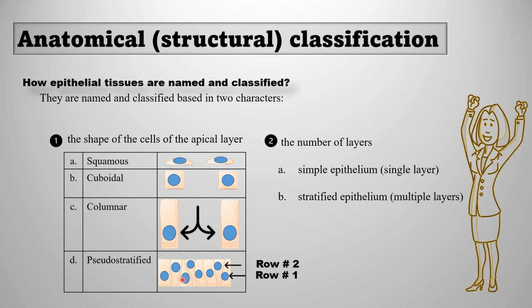And because of this appearance of those two rows, it appears as if it is formed of two layers, that the cells are arranged in two layers, and gives a fake appearance of a stratified tissue, which it is not. It is not a stratified tissue.